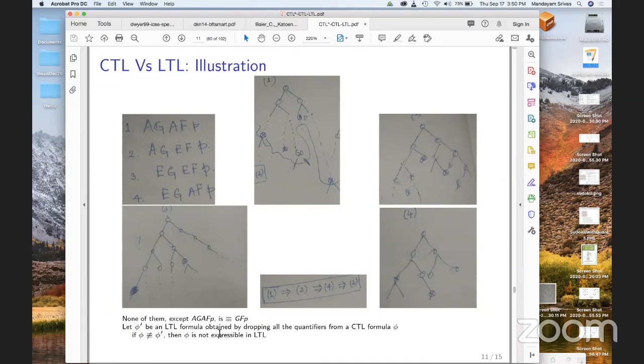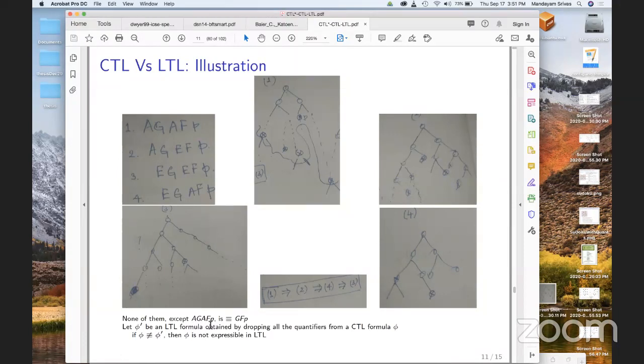So the main point is, there is a general result which comes in handy to reduce the problem of checking whether a particular formula in CTL is expressible in LTL to the problem of checking if two LTL formulas are equivalent. And that's what the statement that I have here says.